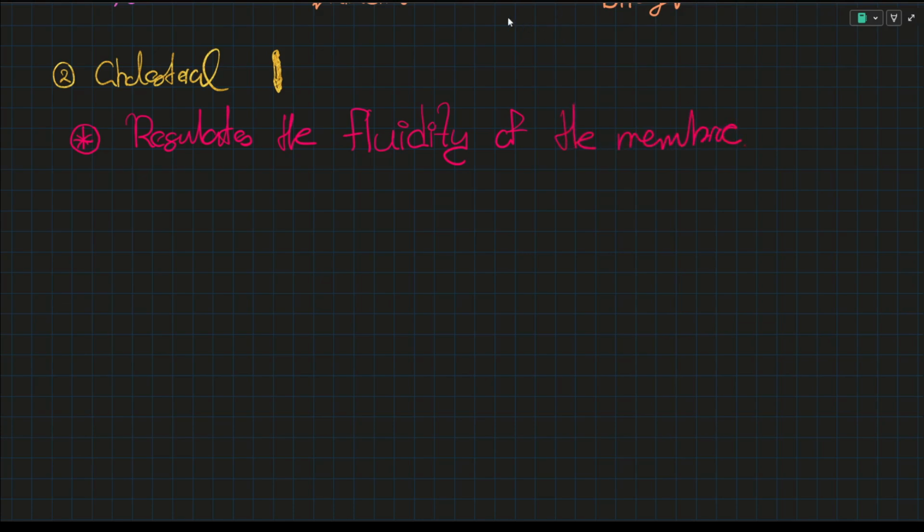You can think of the fluidity of the membrane like the strength of the membrane. No, it's not really validated as strength, but you can think of it like the integrity of the membrane, like how hard the membrane is. Now let's move on to the next point. It's almost like the strength of this thing. So I'll just draw a happy face here because we couldn't come to a conclusion.